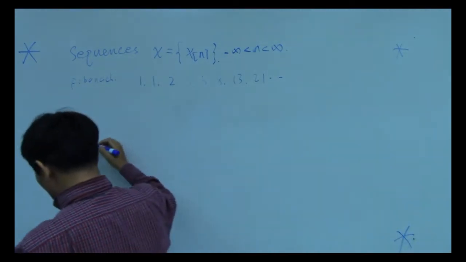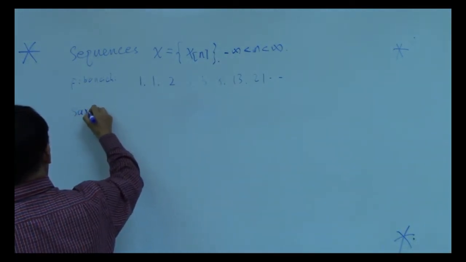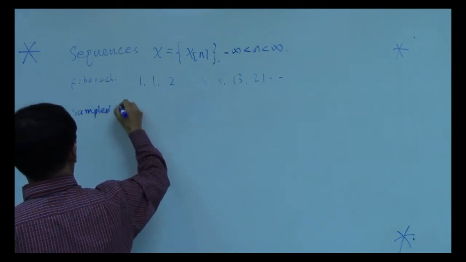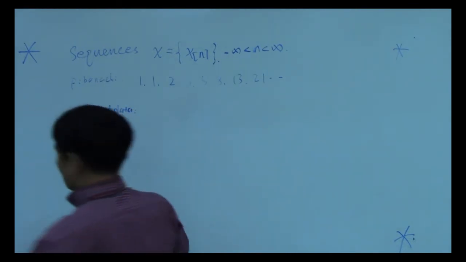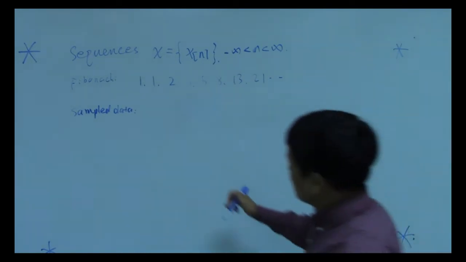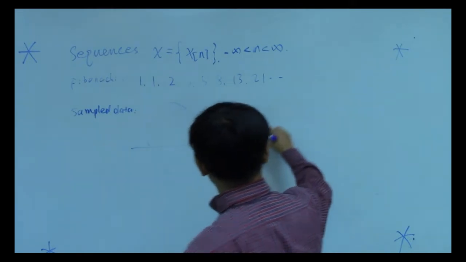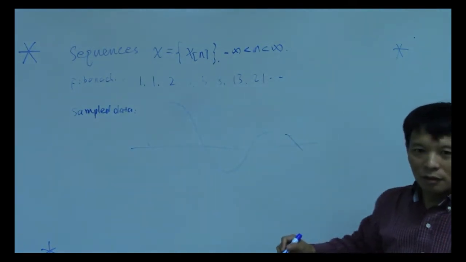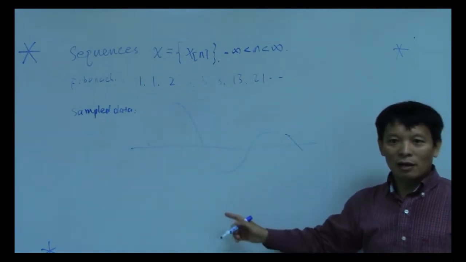The next one is sampled data. The signals in real life usually are continuous. Our voice, the music, usually the data are continuous. But when we process with computers, we need to use digital data, or before that, discrete time data. So if we have a continuous signal like this, before we stored it on tapes, like music.